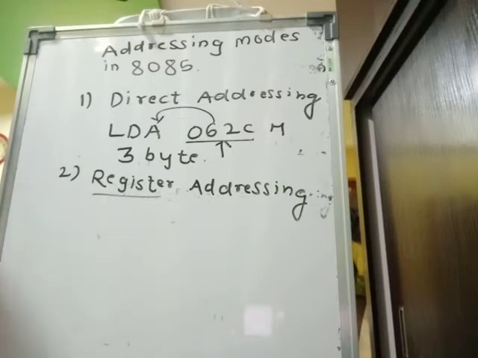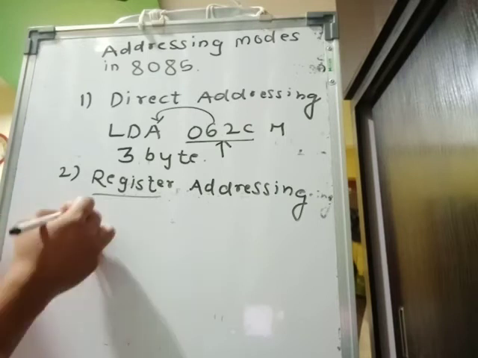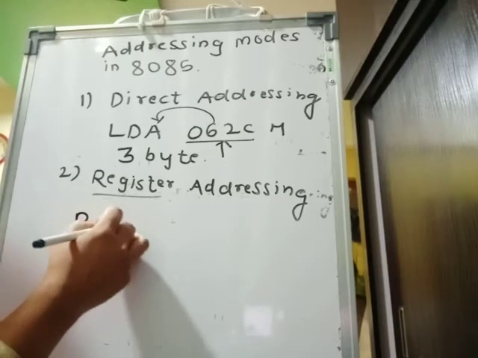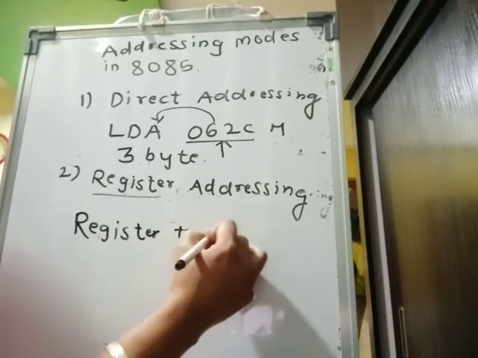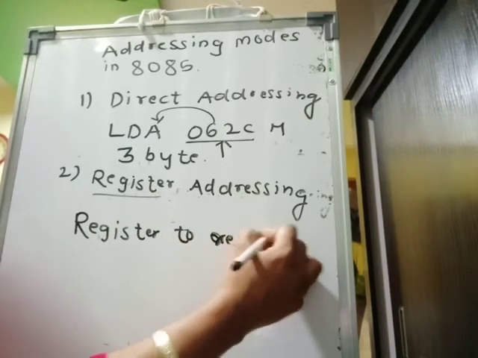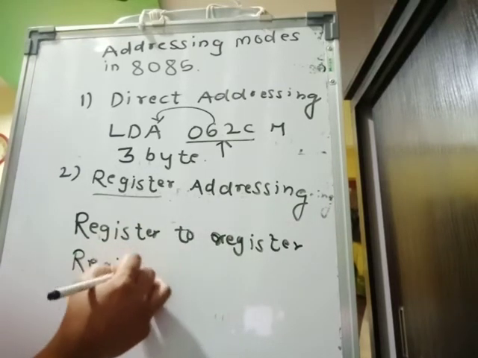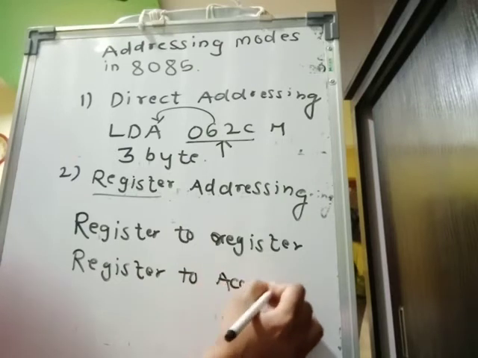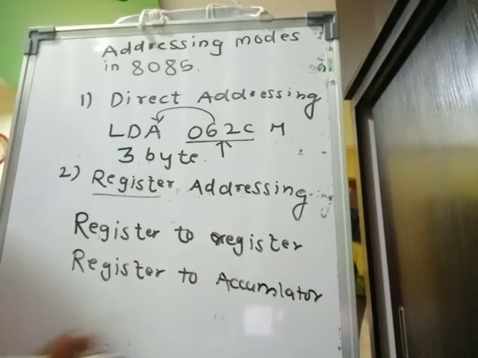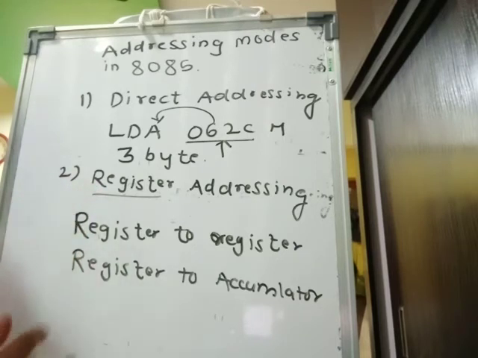When we want to transfer data from a register to another register, or from a register to the accumulator, here we don't require the address. Such transferring of data is done with the help of the register addressing mode.